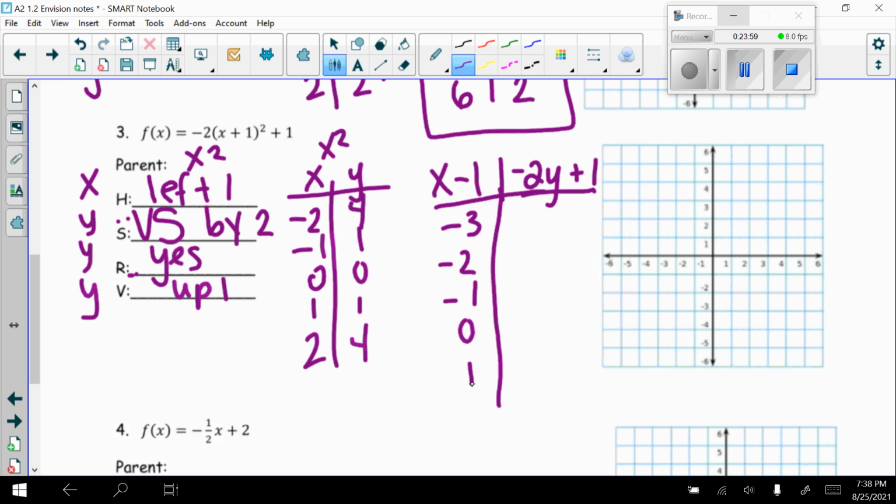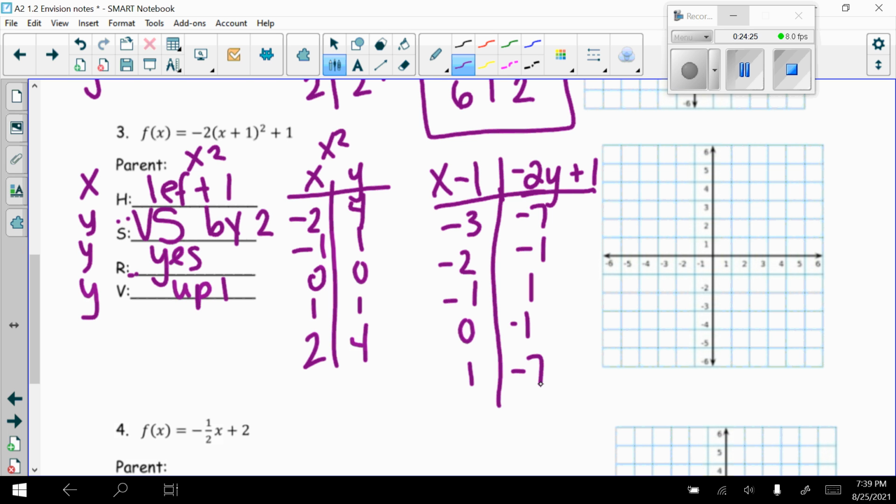So 4 times -2 is -8. -8 plus 1, -7. 1 times -2 is -2. -2 plus 1, -1. 0 times -2 is 0. 0 plus 1 is 1. 1 times -2 is -2. -2 plus 1, sorry, -1. 4 times -2 is -8. -8 plus 1, -7.